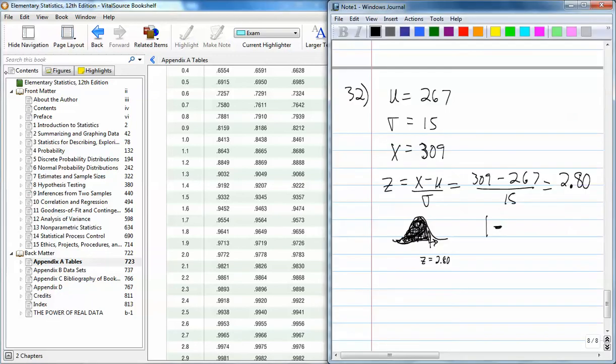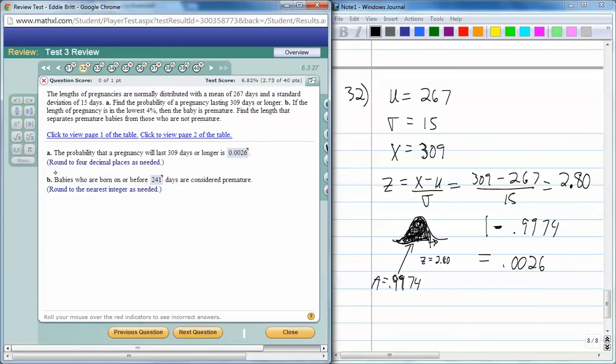So all that stuff I had here, that area, 0.9974, that's not what I want. I want more than or greater than that. So I say 1 minus 0.9974, and that will give me 0.0026.